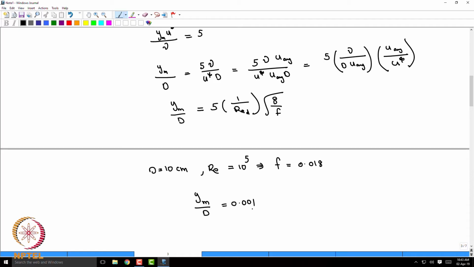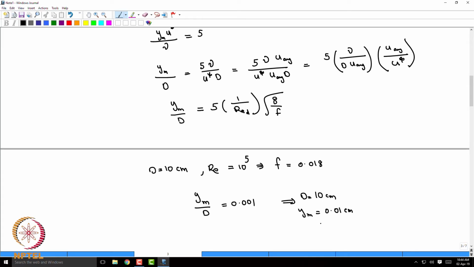So what am I trying to do? I'm just trying to estimate how big the wall layer is going to be, in terms of some real numbers. So I'm just giving some numbers and trying to see how big it is going to be for a Reynolds number of 10 raised to 5. And I find that the height maximum compared to the diameter is going to be 0.001. So that would mean that if I have a 10 centimeter pipe, if D is 10 centimeter, y m is going to be 0.01 centimeter.